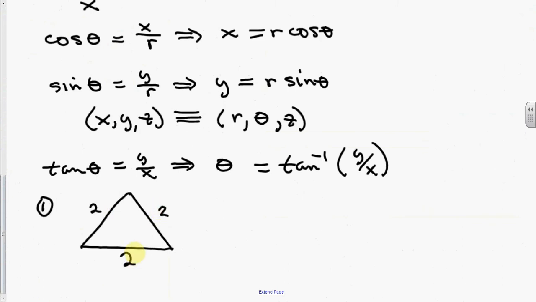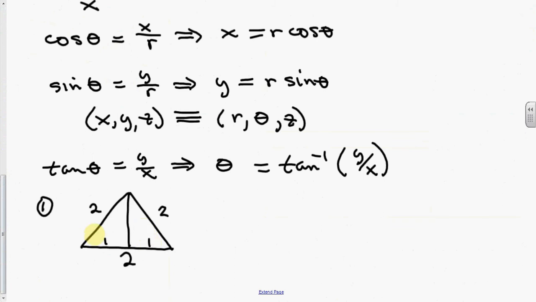I'm choosing 2 because I need to bisect one of the angles, and in bisecting an angle, I'm going to also bisect the line segment that's opposite of it. So I'm going to bisect this angle, and so this side is 1, that's 1.